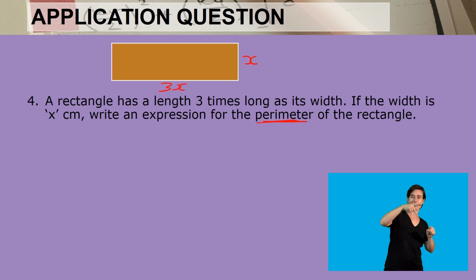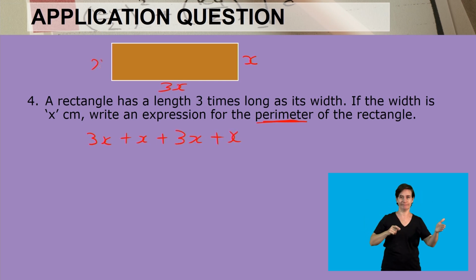Now, perimeter is the distance around the shape. So which means that we will then have 3x, which is the longest side, plus x, which is the width, plus 3x, the top side, plus x on the other side. All right, that is now our perimeter.